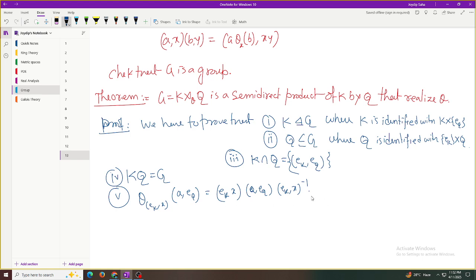So with respect to this operation you have to check this.